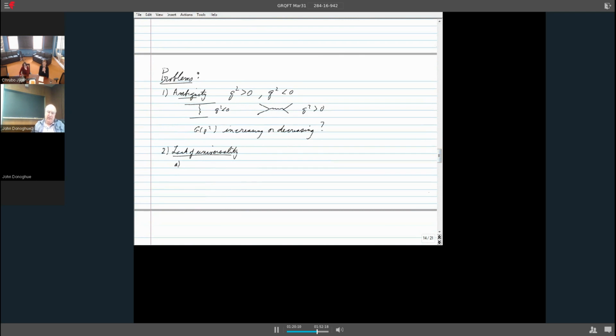So if I was doing the process that I did here with some running coupling constant, here Q squared is less than 0. If I cross that over, this is Q squared greater than 0. So is G of Q squared increasing or decreasing?